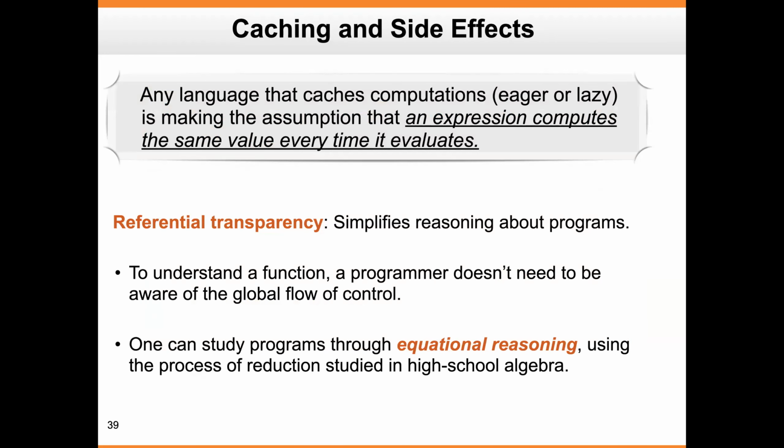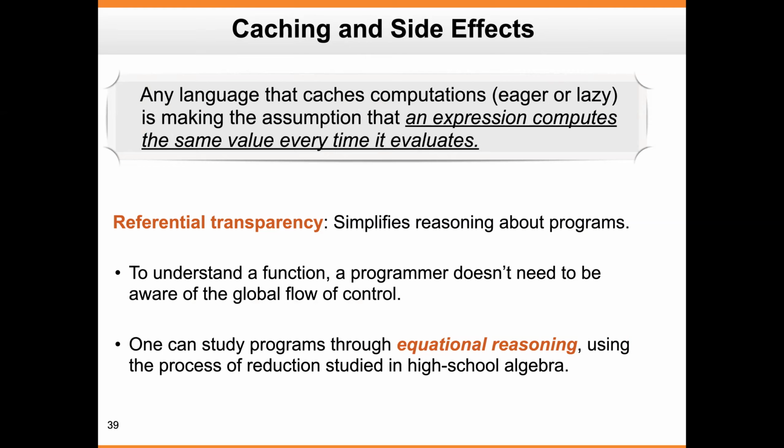So any language that caches computations, hence also all languages that do call by need, lazy evaluation, is making the assumption that an expression computes to the same value every time it evaluates. This is also called referential transparency.